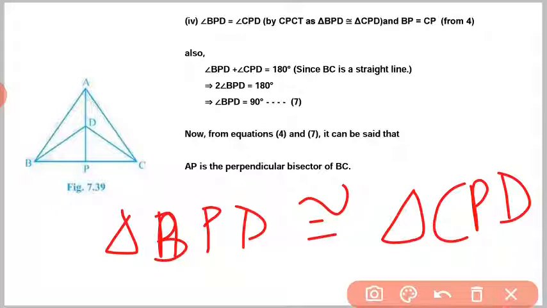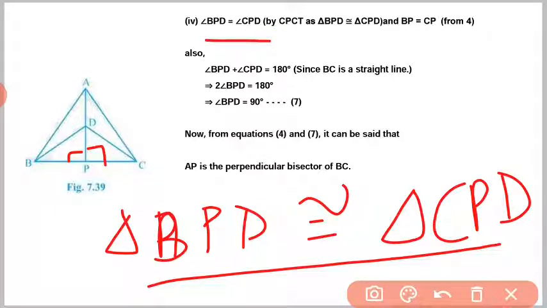So we can also say that these two angles are equal by CPCT. As these two triangles are congruent, the angles will also be congruent. So angle BPD and angle CPD are equal by CPCT, and these two angles lie on line BC, so their sum will be equal to 180 degrees. Since these two triangles are congruent, we can equate angle CPD equal to angle BPD.